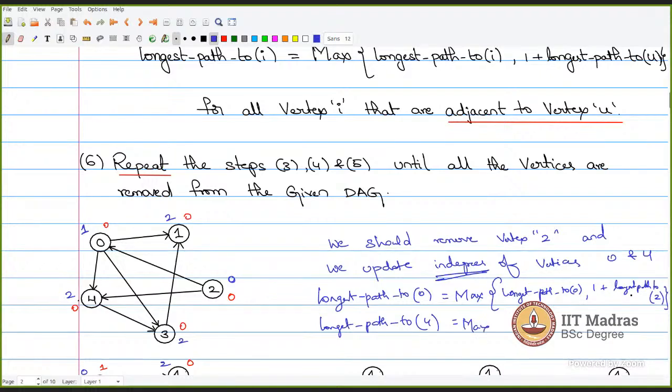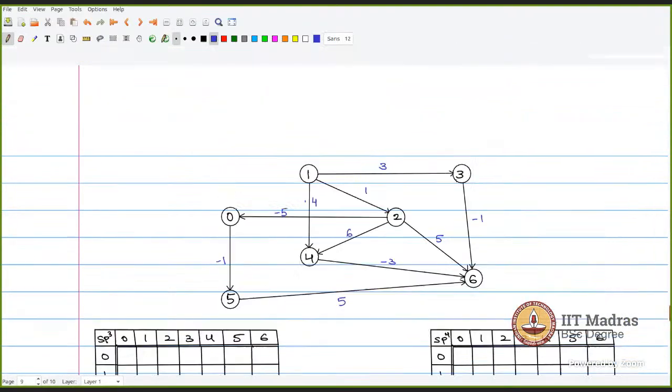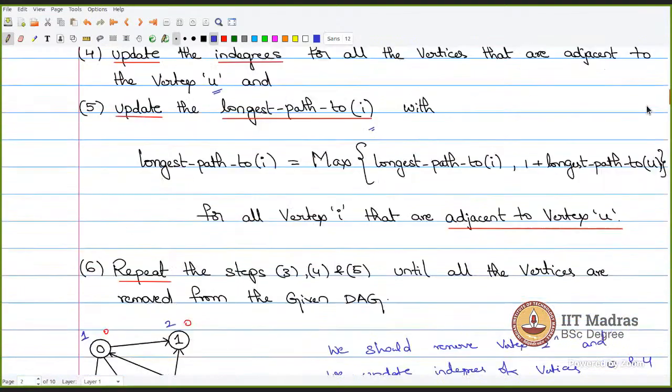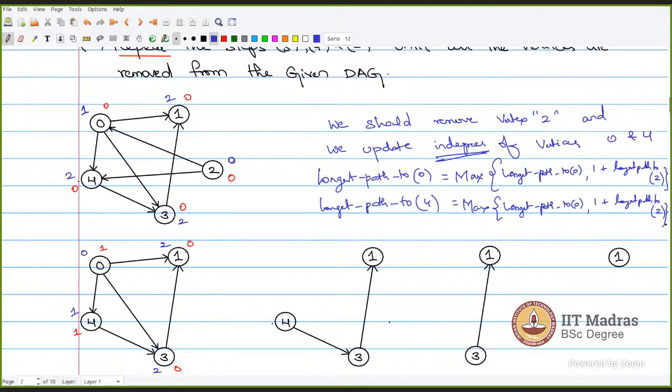So 1 plus the longest path to the removed vertex, or the previous longest path to that particular vertex, whichever is the maximum, will be the updated one. The same goes for 4 also.